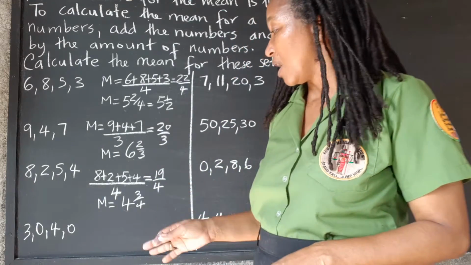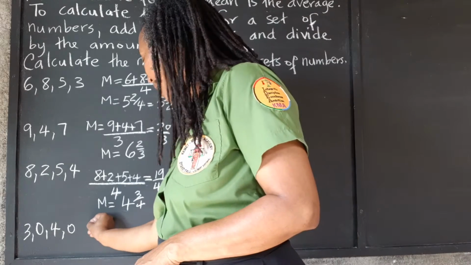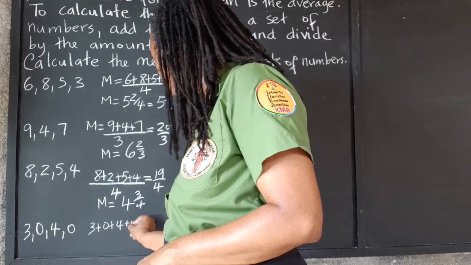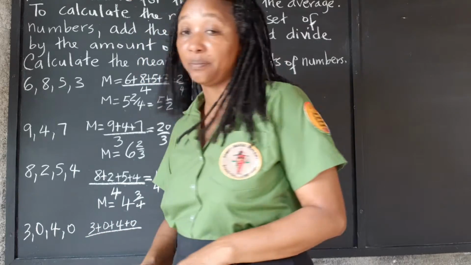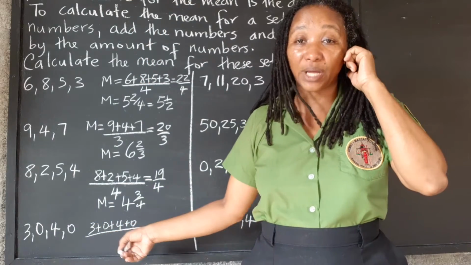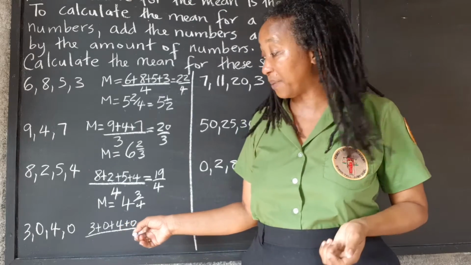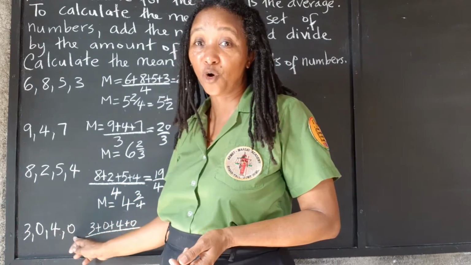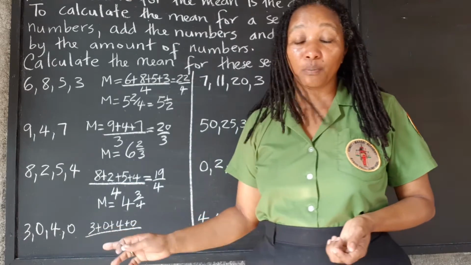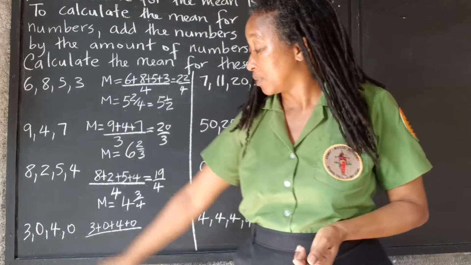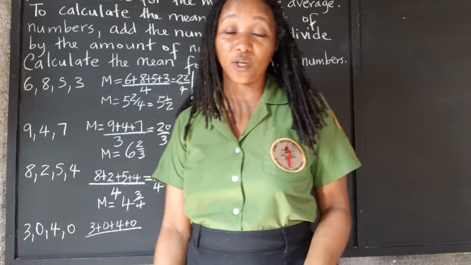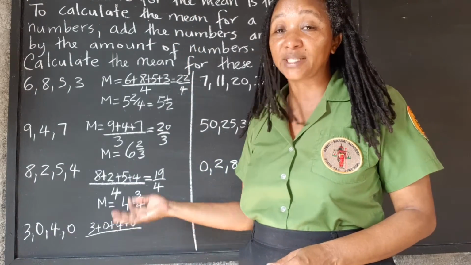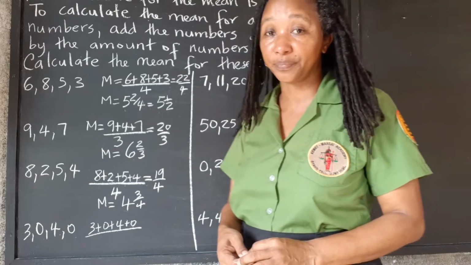Perfectly fine. Here now we have 4 numbers to add. So 3 plus 0 plus 4 plus 0 divided by, how many numbers did we have there? What number are we going to divide by? 1, 2, 3, 4. But somebody might say, 0 means nothing, so why are we counting the 0? 0 is a number, it is a whole number.